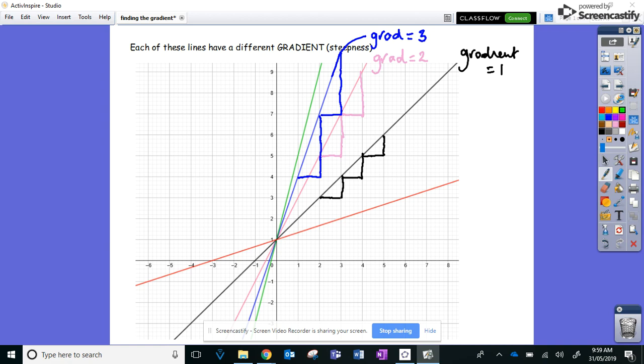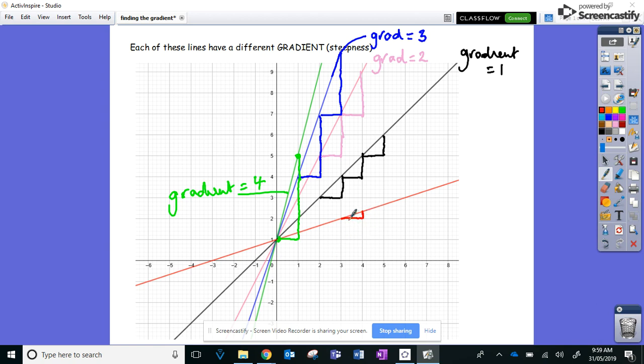The green line, if I head over here, across 1, we're going up 1, 2, 3, 4 until we get to our line. So this green one has got a gradient equal to 4. This red line here, if I go across 1, I'm going up a little bit, but I actually don't know how far up I've gone.